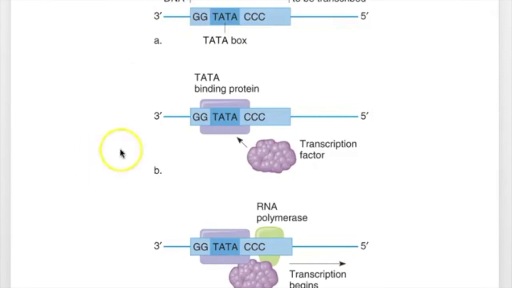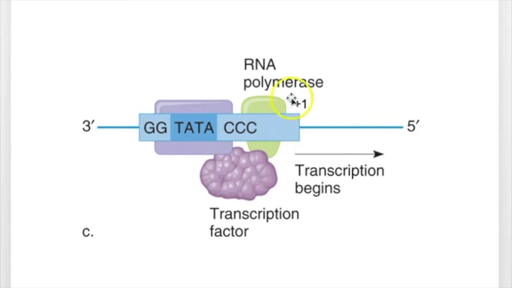Okay, so we have our promoter region, our consensus sequence. In this case, we're discussing the TATA box. We have our TATA binding protein and transcription factor. They recruit the RNA polymerase. So the RNA polymerase finds the TATA box, and then it sort of ratchets down the rest of the promoter region until it finds what's called the +1.